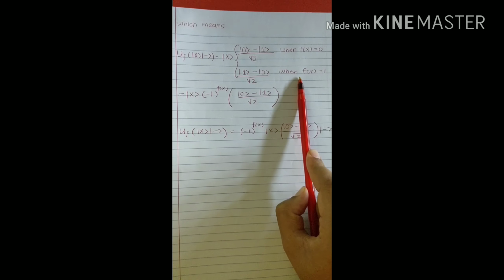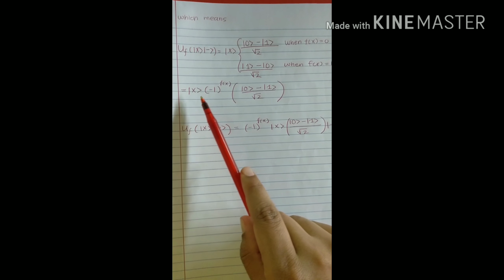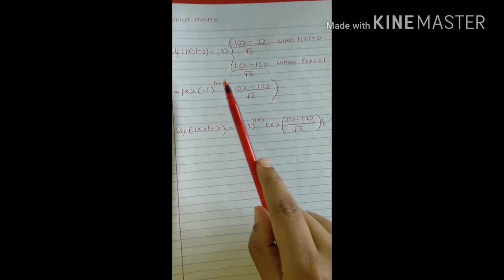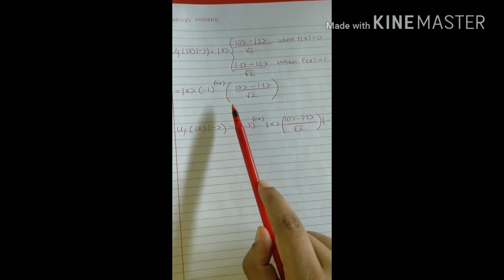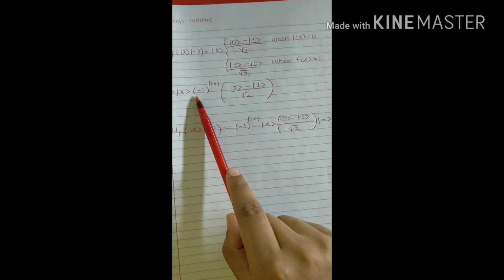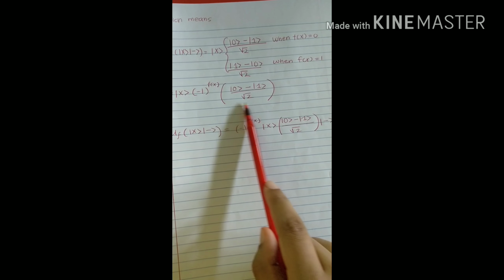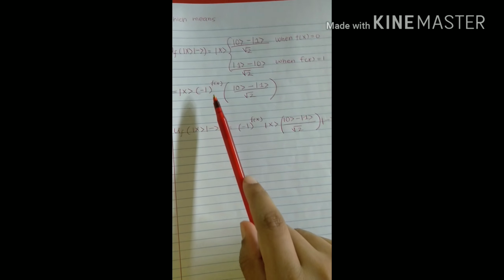Right? You might want to pause the video and see that for yourself. Okay, we can actually factor out negative 1 raised to the f of x, and we'll get this. You get x multiplied by negative 1 raised to the f of x times this. And it's just simply factoring out a negative 1 raised to f of x.